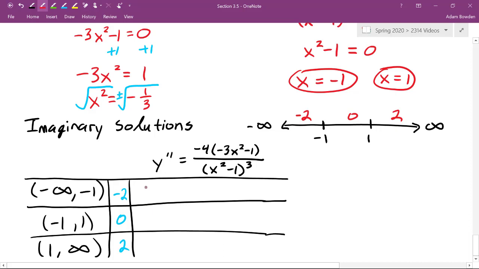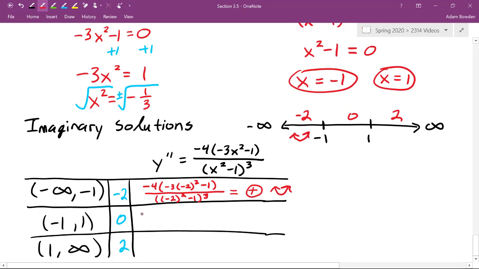If we plug in negative 2, it's going to look like negative 4, negative 3 times negative 2 squared, minus 1, divided by a lot of stuff, negative 2 squared minus 1 raised to the third power. We just have to be real careful about this. If we plug this number in, we're actually going to get a positive out as a result. And it will tell us that it's concave up.